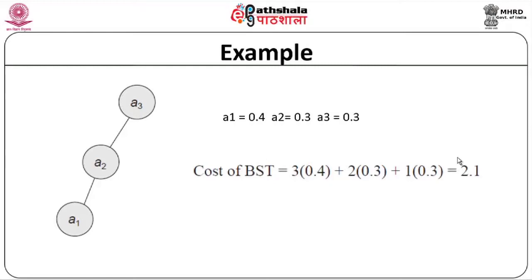In this particular case, A3 occurs in level 1, so it is 1 into 0.3.